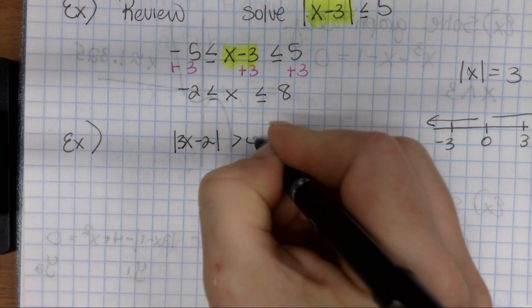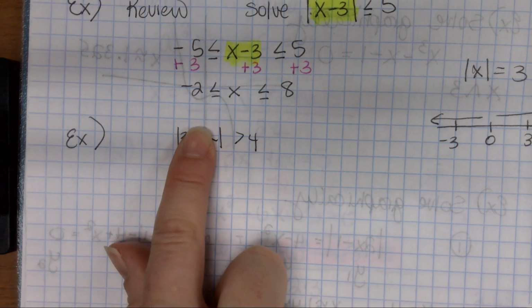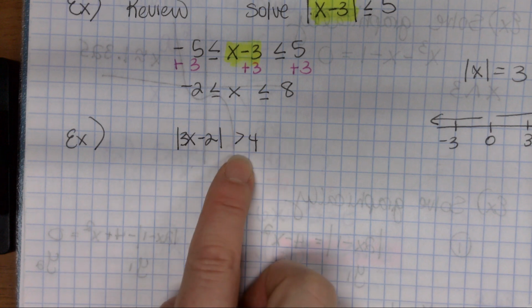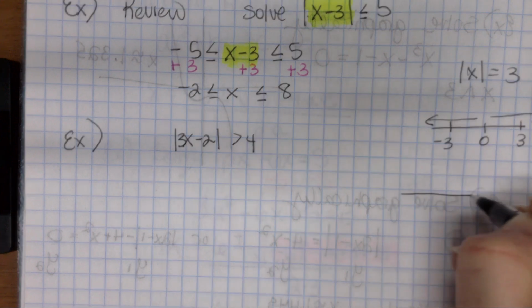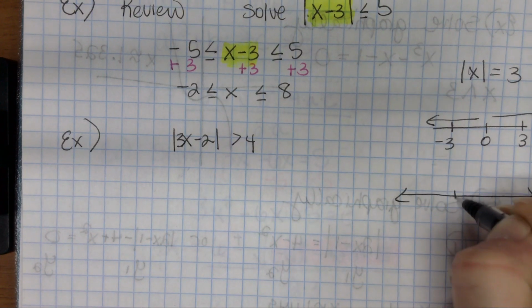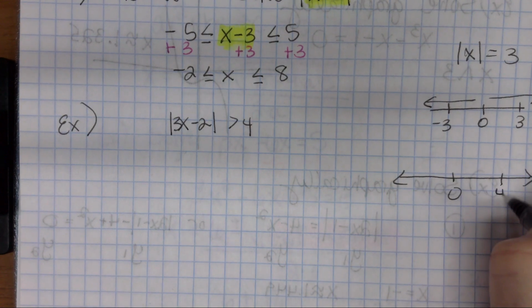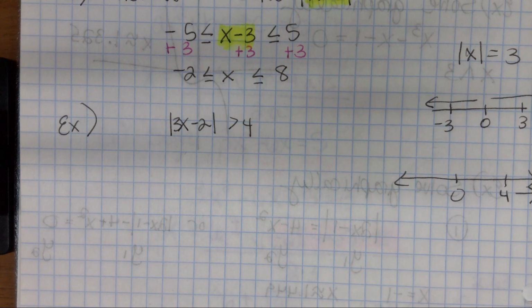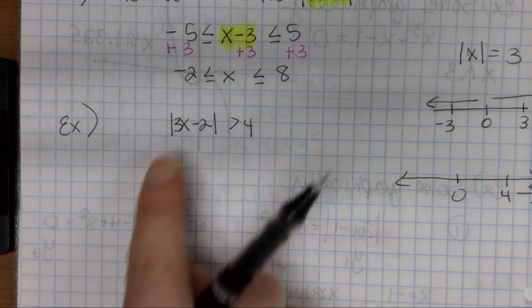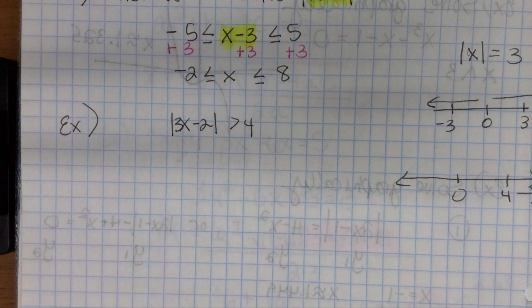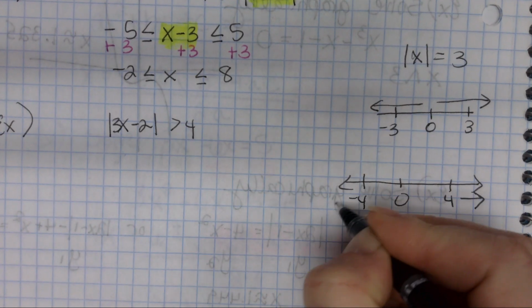Okay, what this means is the absolute value of this expression, whatever it is, more than 4 away on a number line. I just like to draw, I like to understand what we're talking about. More than 4 away would mean, well, wouldn't that mean 4 and higher over that way? Is that making sense? What would more than 4 be on this side? Negative 4, but I'd have to be going this way.